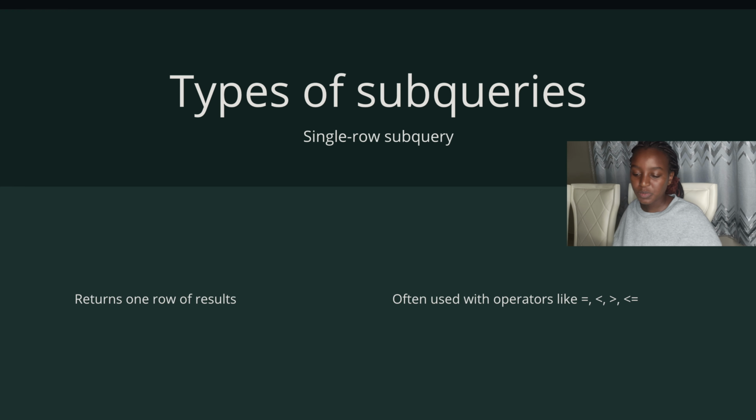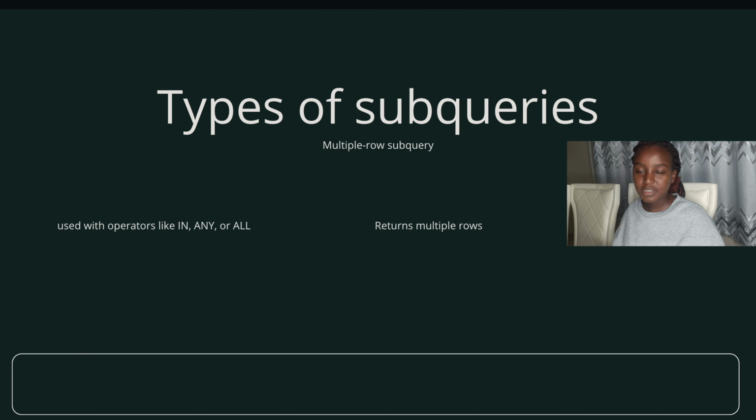A single row subquery is basically as it sounds. It returns one row of results. So in this case, I'm going to use operators like equal to, less than or equal to, greater than or equal to, greater than. And the other one is multiple row. In this case, I expect multiple rows to come out.